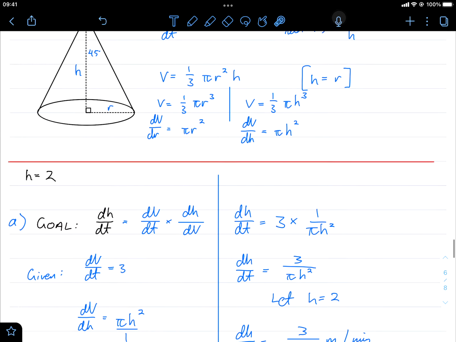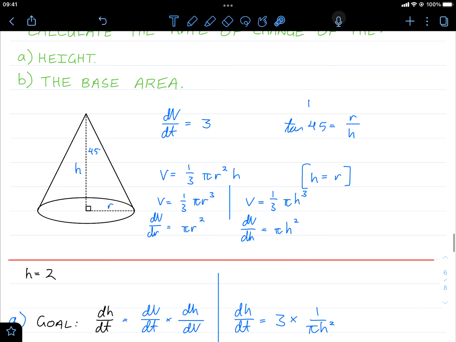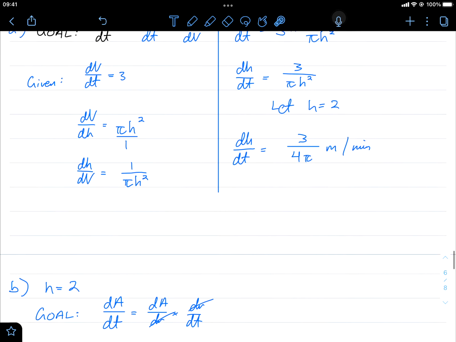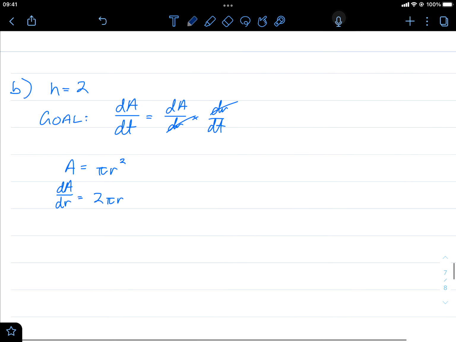So let's take a look at what other pieces of information we have. Well, from the beginning, we saw that in this particular question, h is equal to r. Okay, so let's try and use that instead. So instead of A being pi r squared, in this particular example we know that r equals h, so pi h squared, meaning we can have dA on dh.